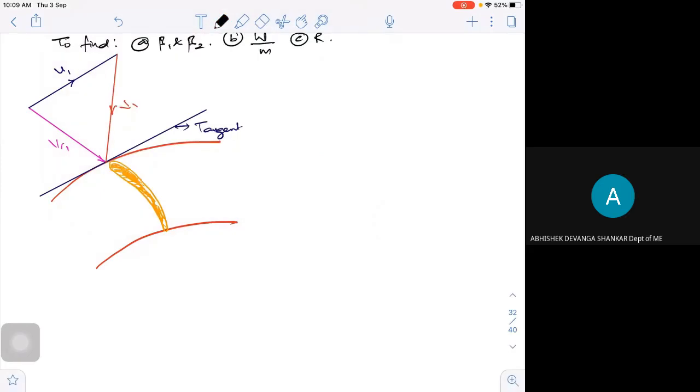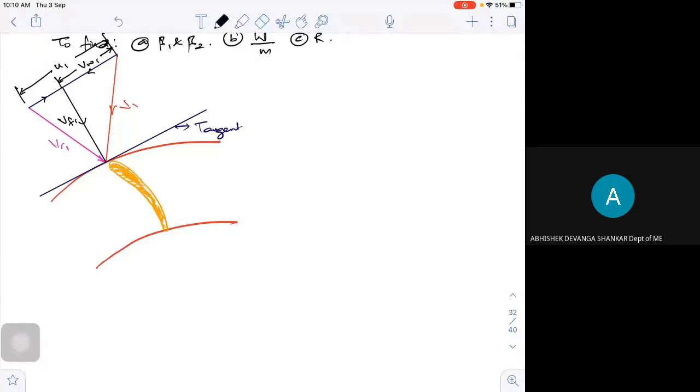If I draw a vertical to this, I'll get my Vf1 and my U1. Then I have my Vw1 here, in this direction. So your U is in this direction.